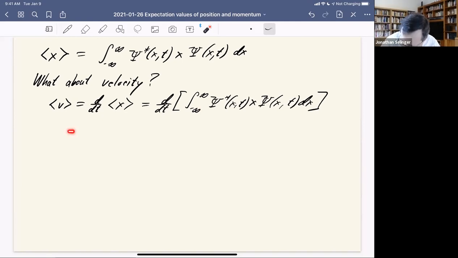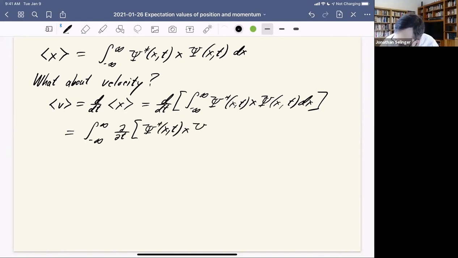I get the integral of the time derivative of psi star times x times psi, integrated over x.